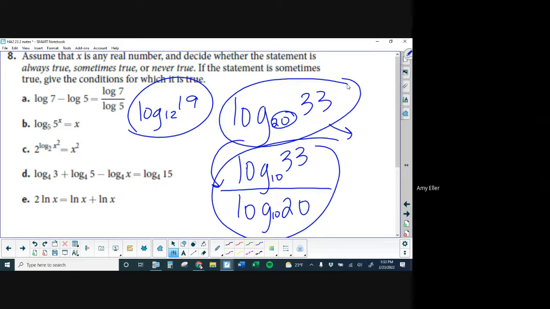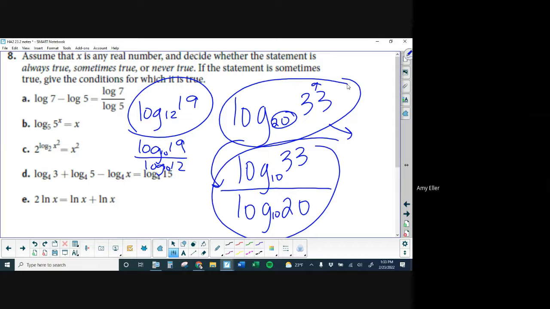It's very simple. Your 33 is still on top, above the 20. So this is log 19 over log 12. It is optional to write the 10s.